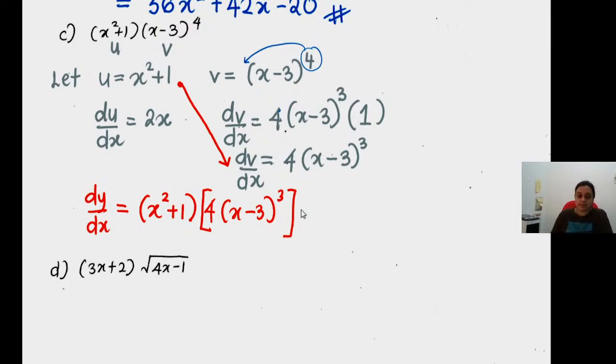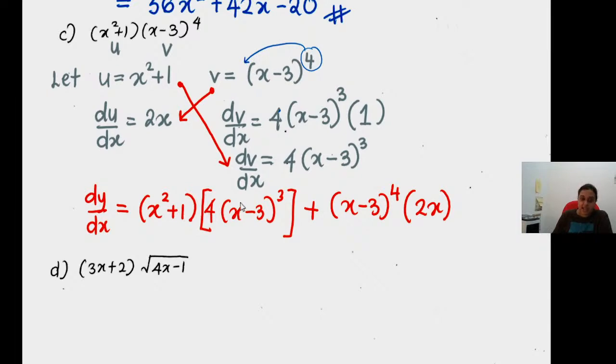Okay, so it's times. Okay, plus v times with du dx. So x minus 3 power 4 times with 2x. Okay, so far following. Okay, from here, let's solve the in front part here.